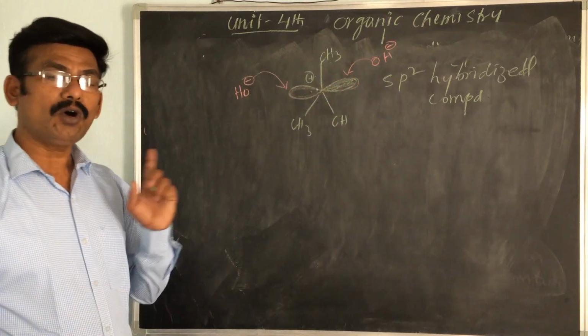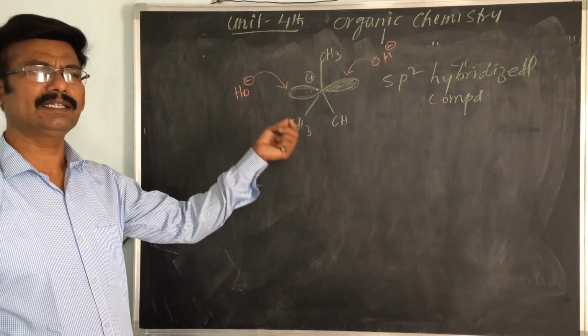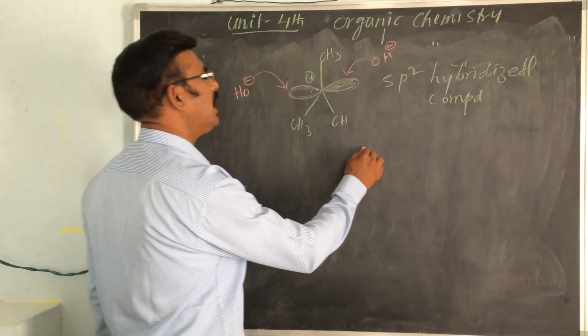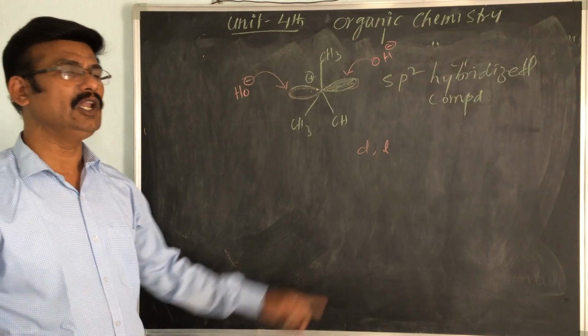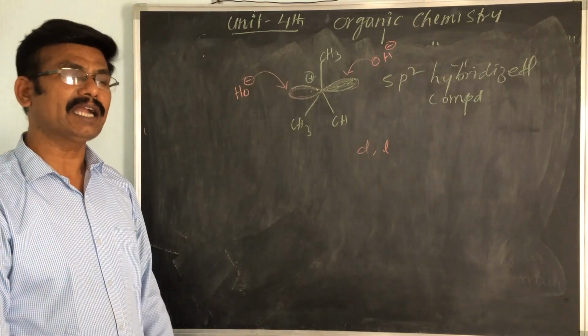So both the D and L compounds are expected. It is a completely racemic compound, dextro and levo, an optically inactive compound.